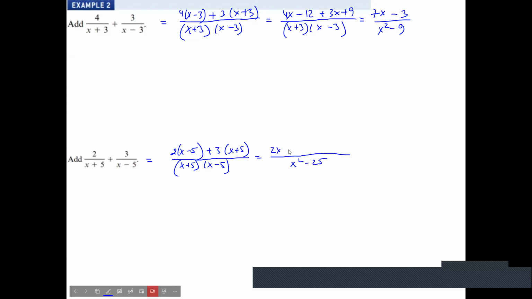Here I have 2x minus 10 plus 3x plus 15. x squared minus 25, and as a result 5x plus 5. Well, I can do this, for example, 5 times (x plus 1) over x squared minus 25. Or I can leave it like that.